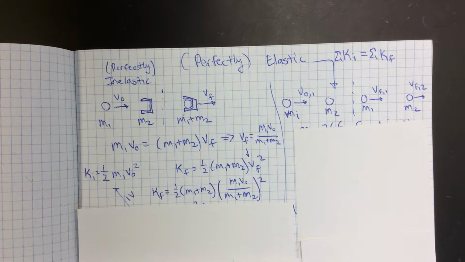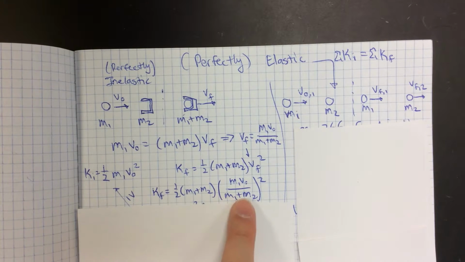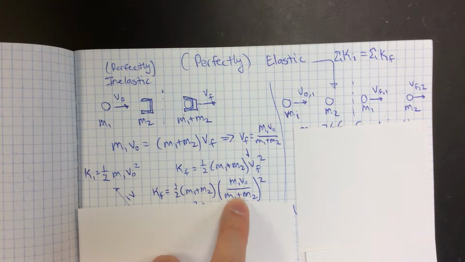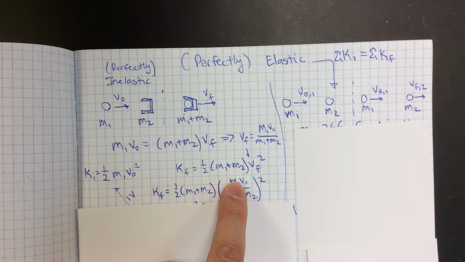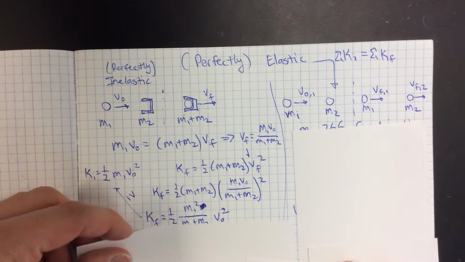You still have the 1/2 (m1 plus m2) v squared, but now I substituted the m1 v naught over m1 plus m2 into it. You're squaring it. When you square this, what do you get? You get two of these m1 plus m2s on the bottom. One of them will cancel with that. So you have one of these in the denominator. You have an m1 squared, and you have a v naught squared. So you get something like this.